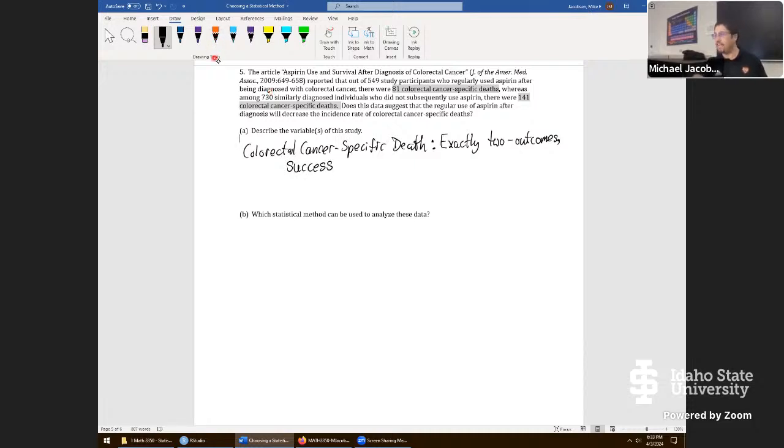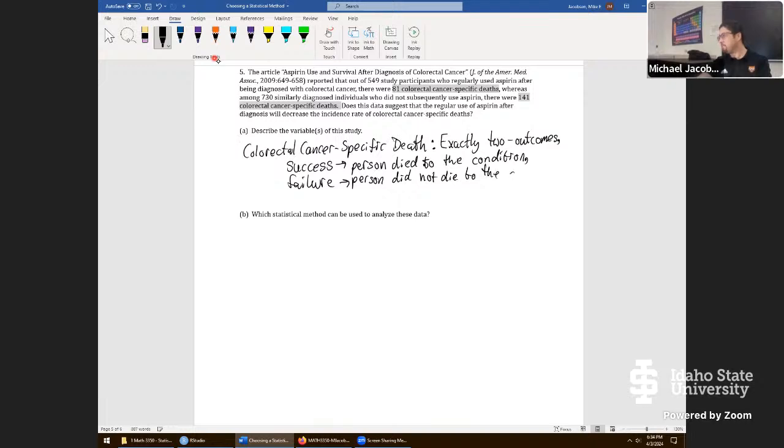Again, I always kind of feel bad for saying this, but the success would be person died to the condition. And a failure, the person did not die to the condition. Okay, so that's one variable down.